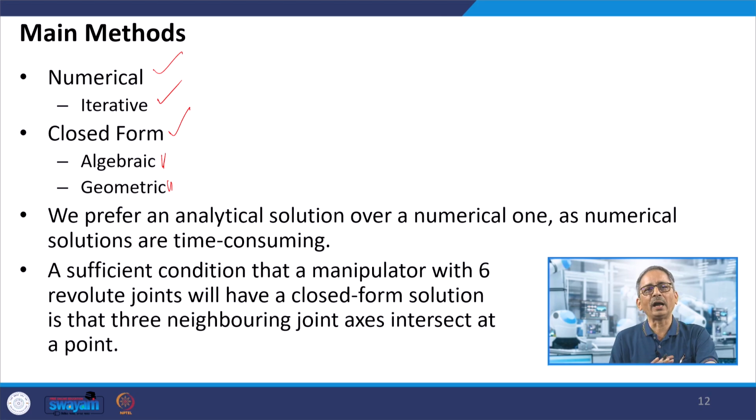We always prefer an analytical solution over a numerical one, as numerical solutions are time consuming because they are iterative; you need to perform a sufficient number of iterations to get close to the solution. There is a sufficient condition that a manipulator with 6 revolute joints will have a closed form solution, and that condition is that 3 neighboring joint axes intersect at a point.